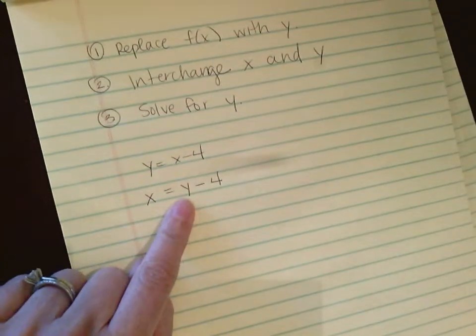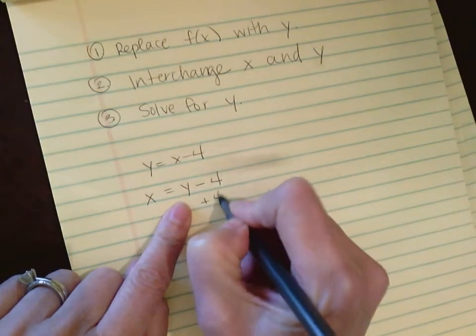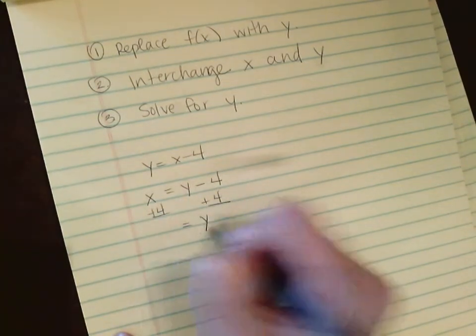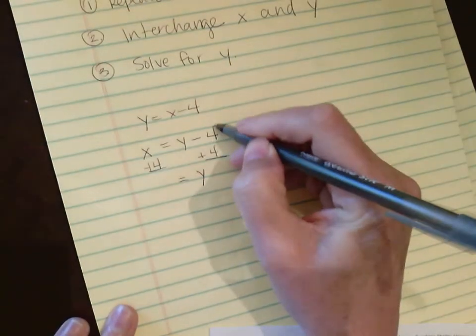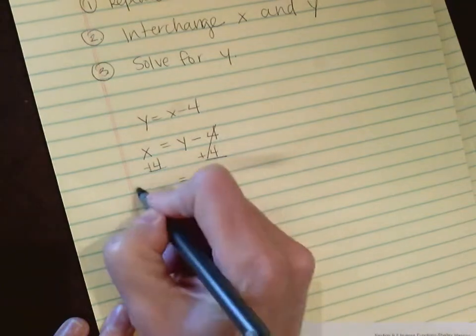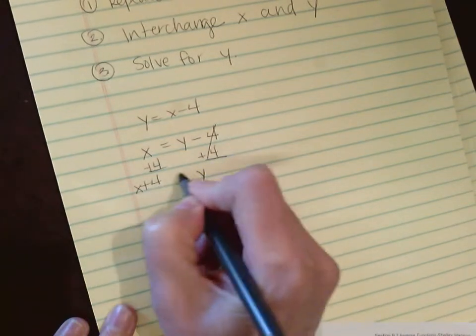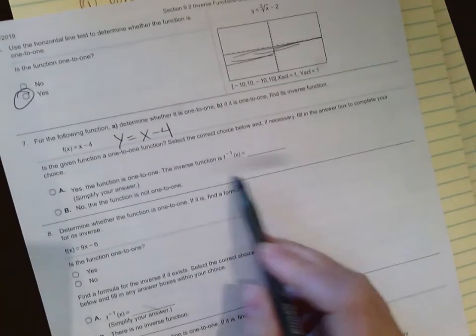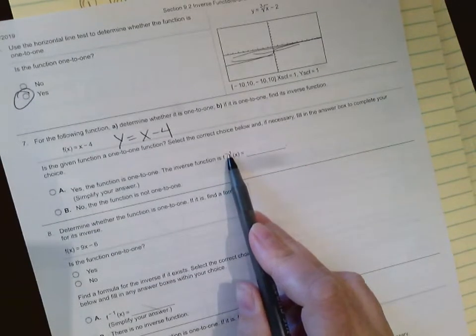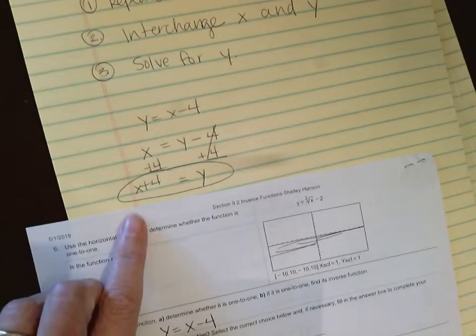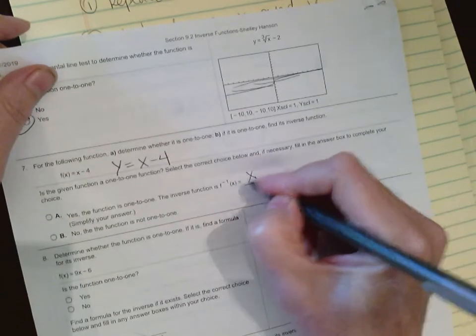Now I'm going to solve it for my new y, which just simply means get the y by itself by adding the 4 to the other side. So now all I have left over is y equals x plus 4. So there is your inverse. So f to the negative 1 of x, which means inverse, simply, when I solved it, gave me x plus 4.